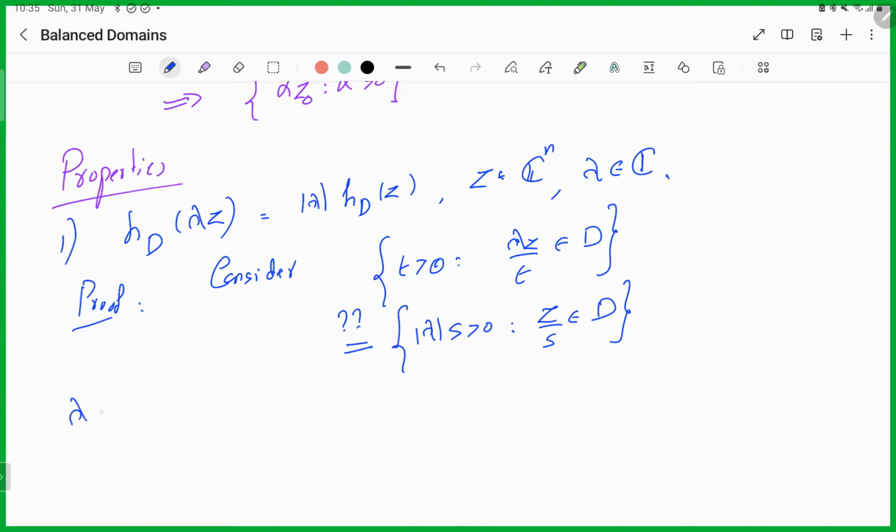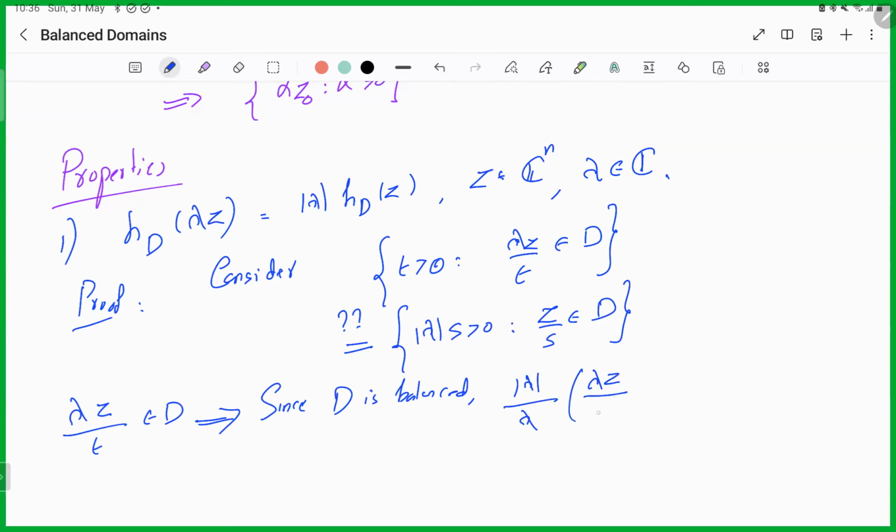Suppose there is a t such that lambda z by t belongs to D. Since D is balanced, we can multiply lambda z by t by modulus lambda by lambda, and then it also belongs to D because D is balanced.